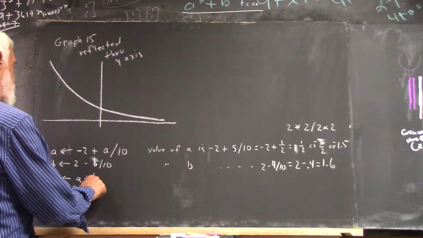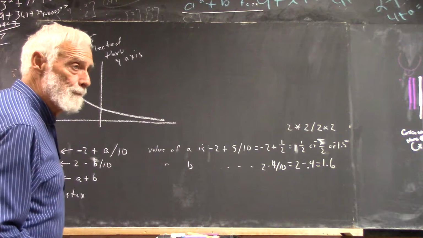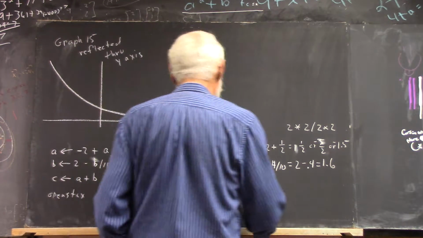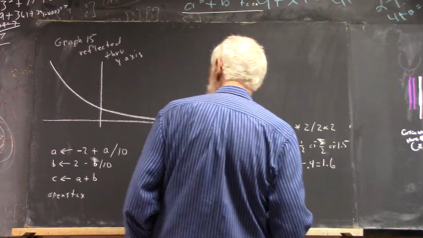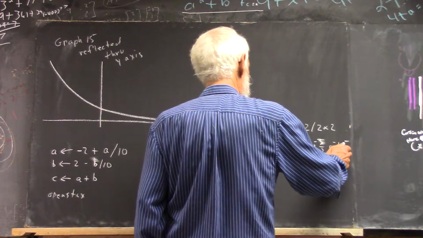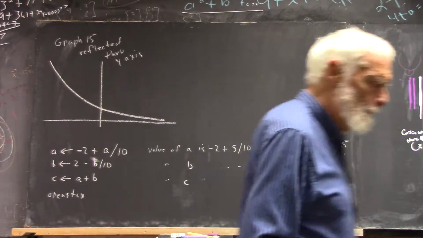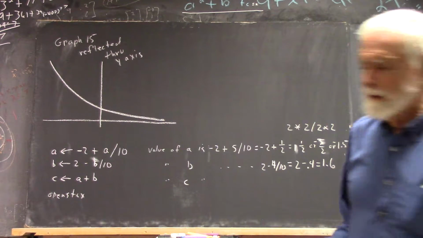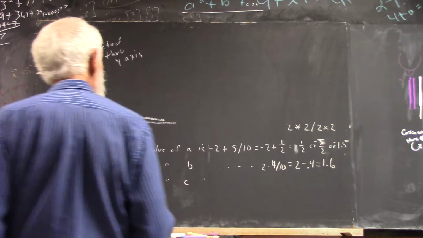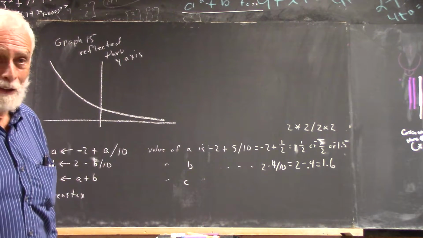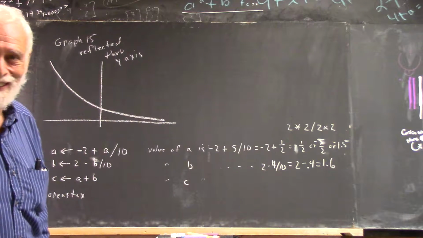And then C, I think, was then A plus B, right? So the value of C is going to be A plus B, is that right? Yeah. Now, some of you went back to your original values of A and B, but A ain't your original value no more, okay?